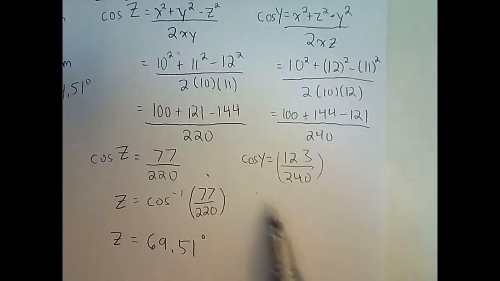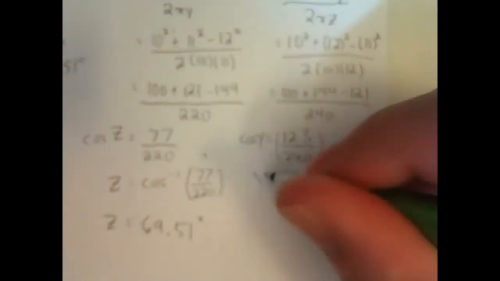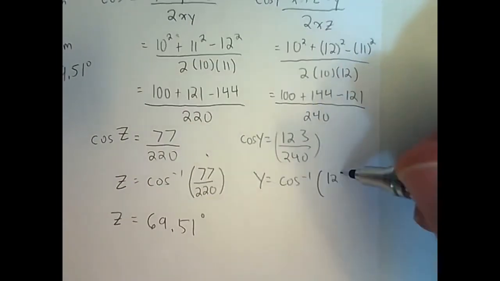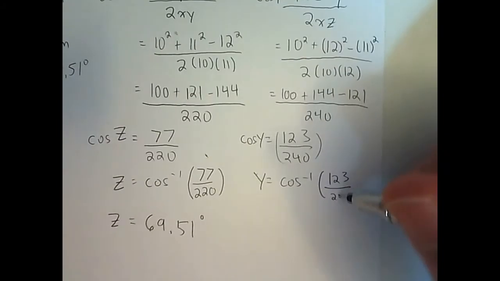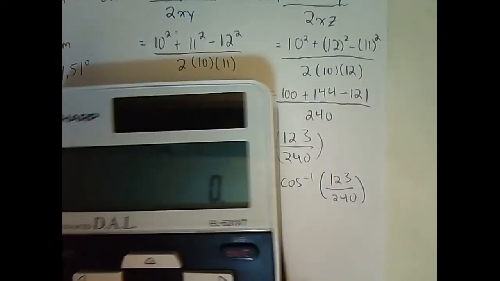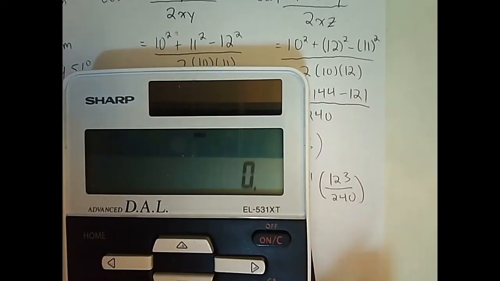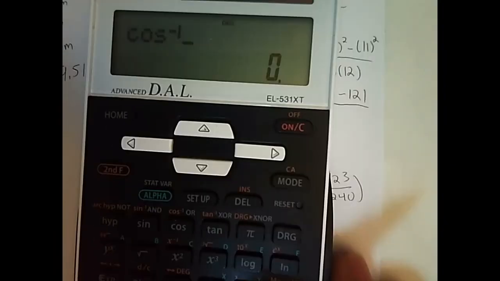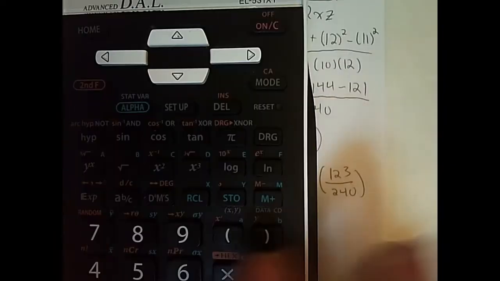Remember, I'm solving for an angle, so I got to do the inverse of that. So cos -1, 123 over 240. So I'll show you again on the calculator. I just do second function, cos button. Should probably show the buttons. Second function, cos button to get the cos -1. Then I'm just going to put in brackets.